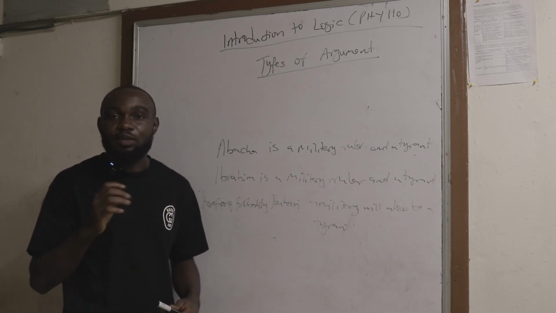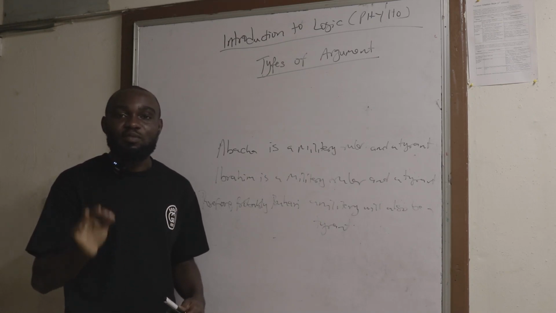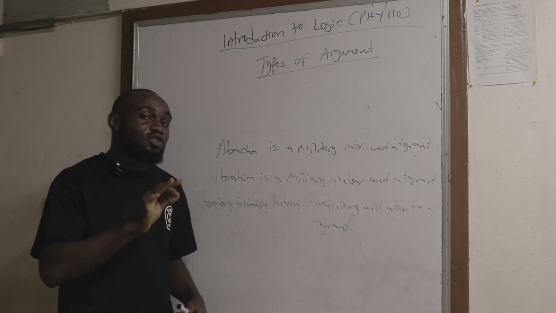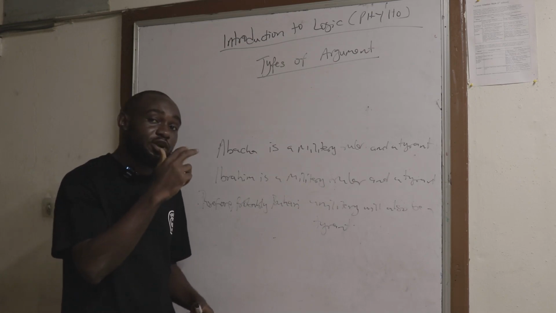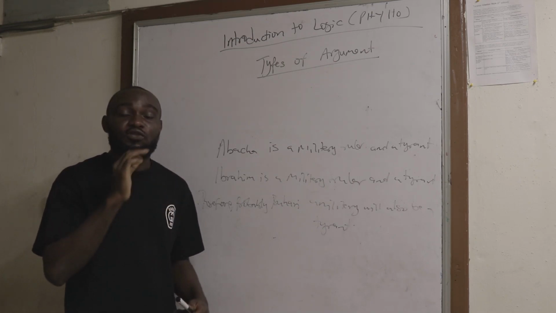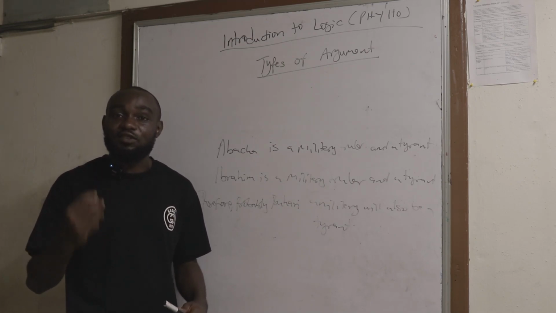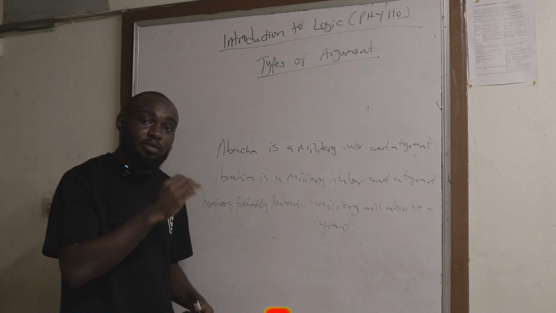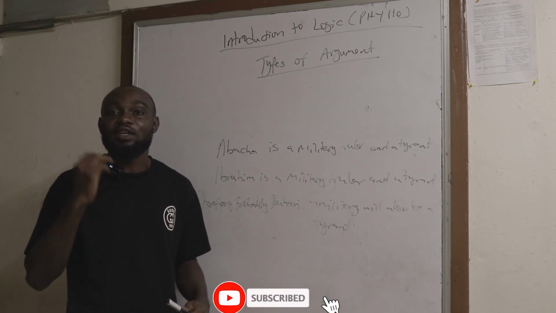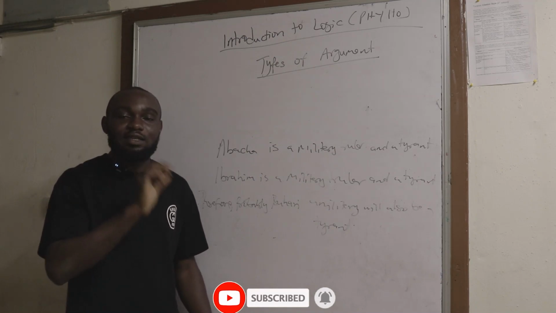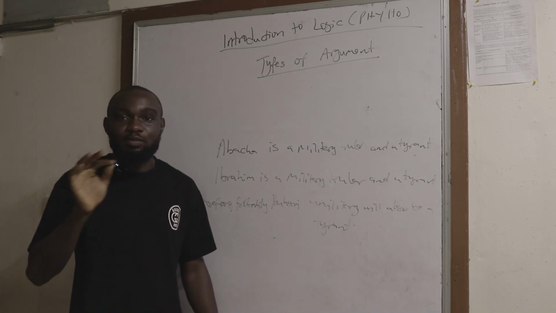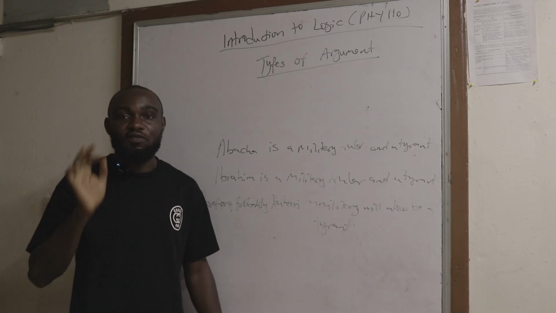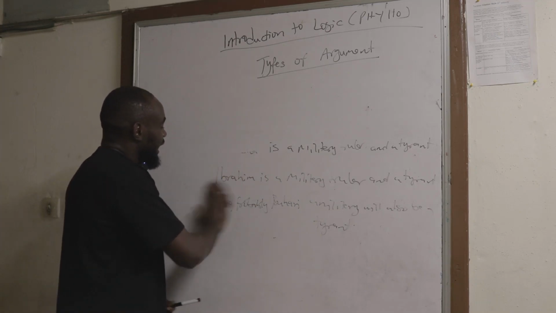But if it provides a probable ground, know that that argument is an inductive argument. It does not necessarily have to move from a general premise to a particular conclusion for it to be deductive, and it does not necessarily have to move from a particular premise to a general conclusion for it to be inductive. So what you look at is the certainty and the probability in the premises of the argument.